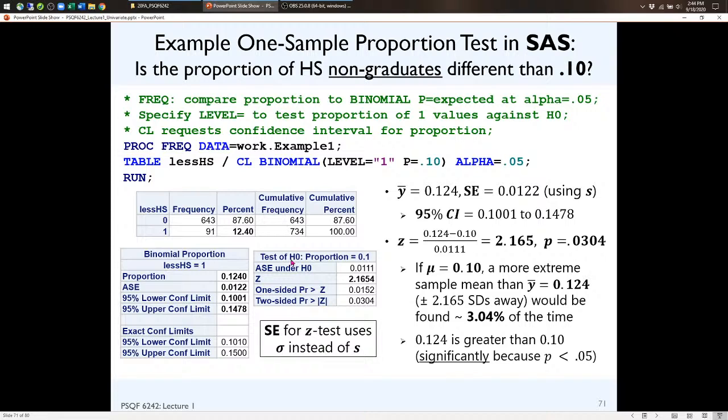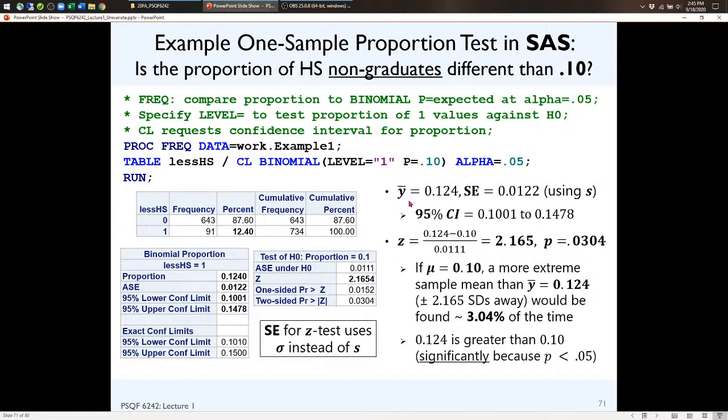The hypothesis test information is in this third box over here, and it gives me a z value that corresponds to a standardized version of how far off my sample's mean is from the population mean in standard error units. And note that the standard error that it's using over here is the one that goes with the population standard deviation rather than the sample standard deviation, so it's a bit inconsistent.